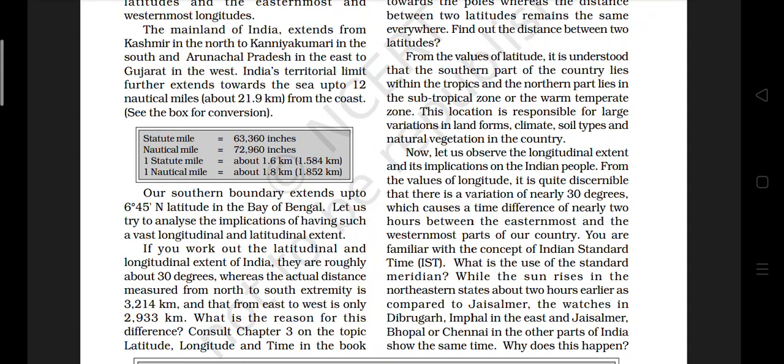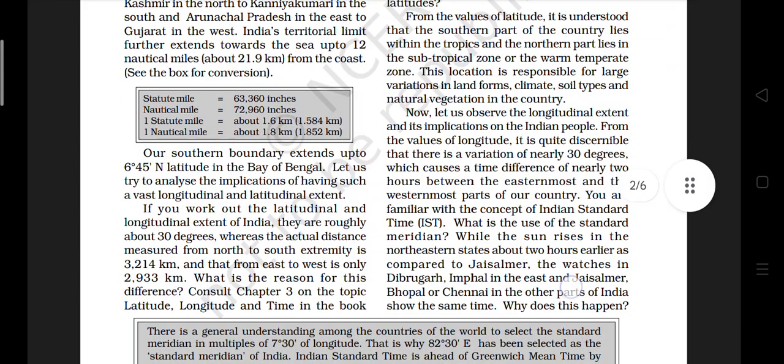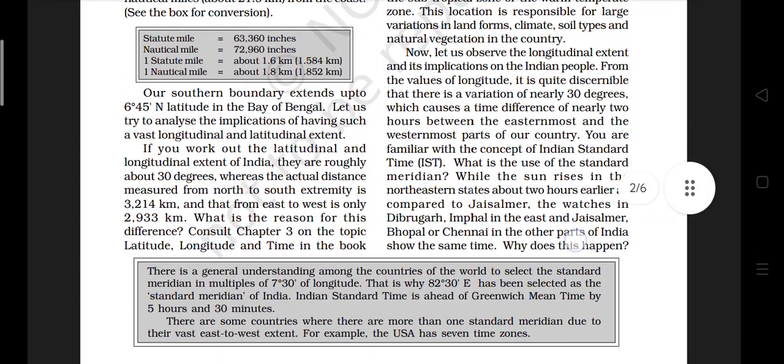One statute mile is about 1.6 kilometer, 1.584 kilometer. One nautical mile is about 1.8 kilometer, 1.852 kilometer. Our southern boundary extends up to 6 degree 45 minute north latitude in the Bay of Bengal.